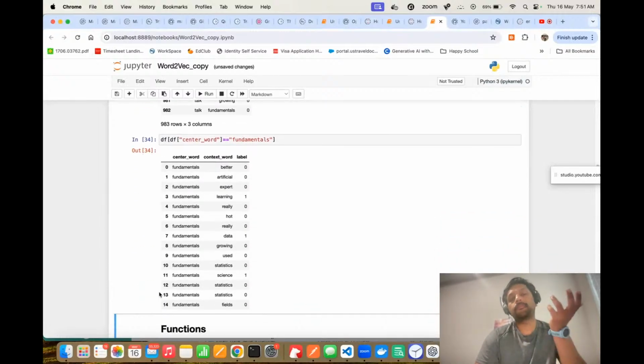There is one more part to that story. There could be a repetition of fundamentals within the text, so there could be more as well. So fundamentals had 15 words.